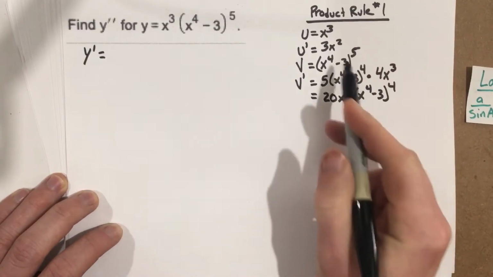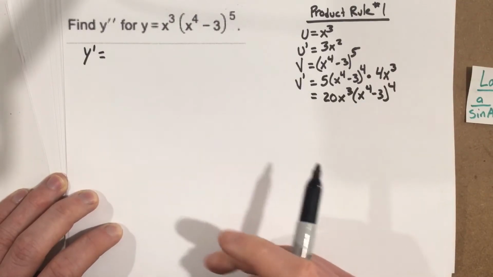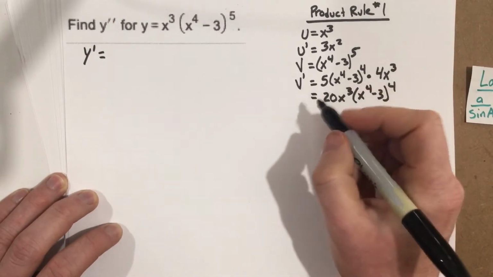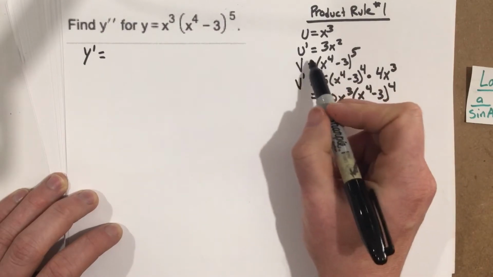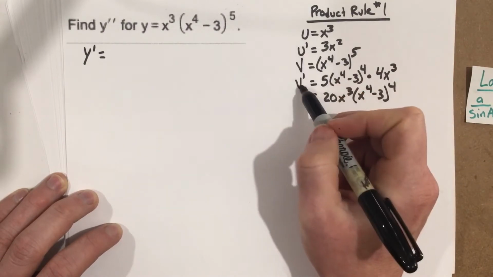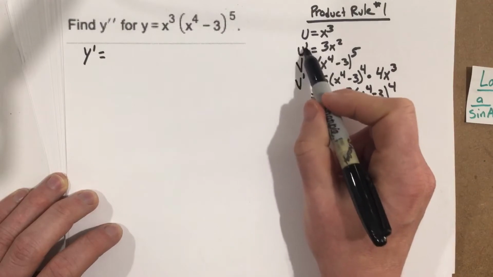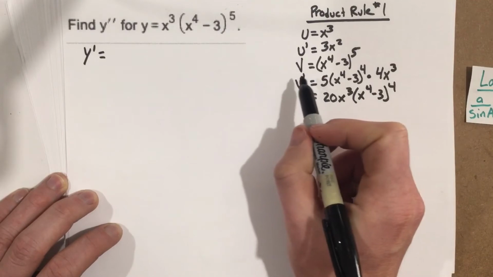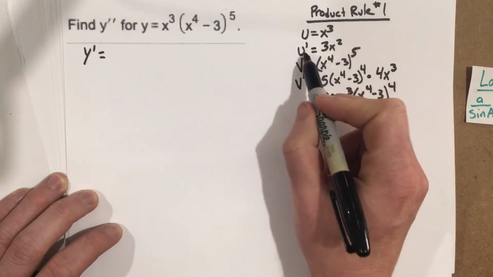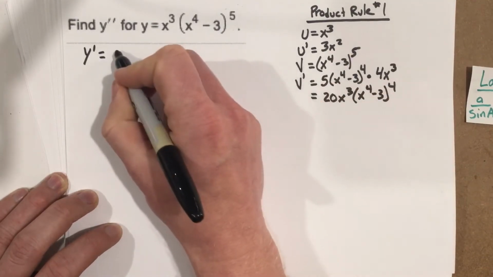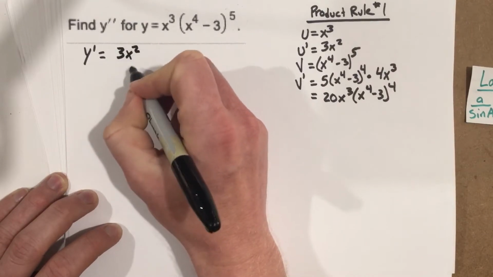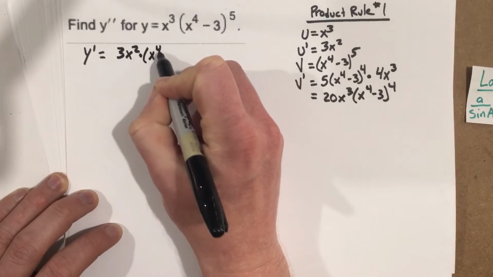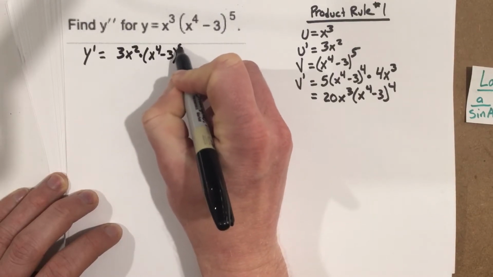Okay, now we're actually ready to write the product rule out. So we know the product rule is u prime v plus u v prime, and it doesn't really matter what order, just as long as you do a prime with one of the other variables. So let's go with u prime times v, so we'll do 3x squared times (x to the fourth minus 3) to the fifth.